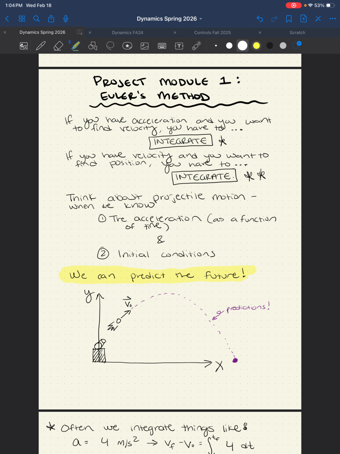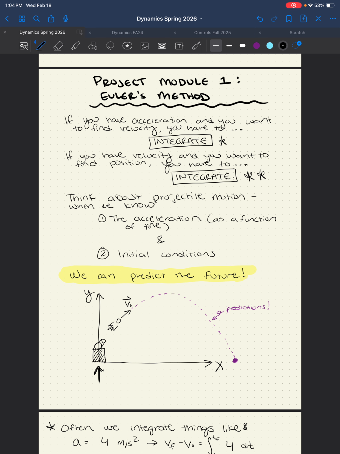Okay, so if we think more closely about projectile motion, when we know the acceleration as a function of time and some initial conditions, we're able to leverage that information that's given just about what's happening at the very first time step, right as it's being projected into motion. We can use that initial information to predict the position of this thing at all other points in time, right?